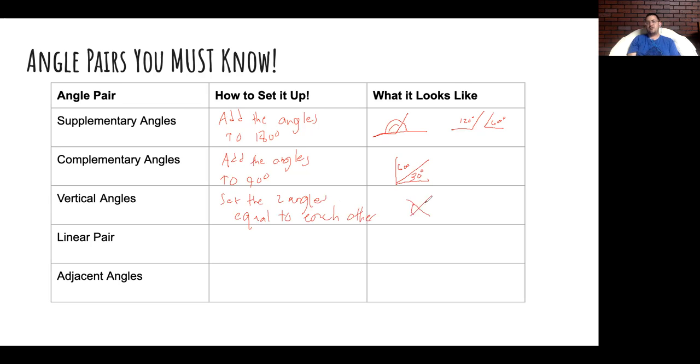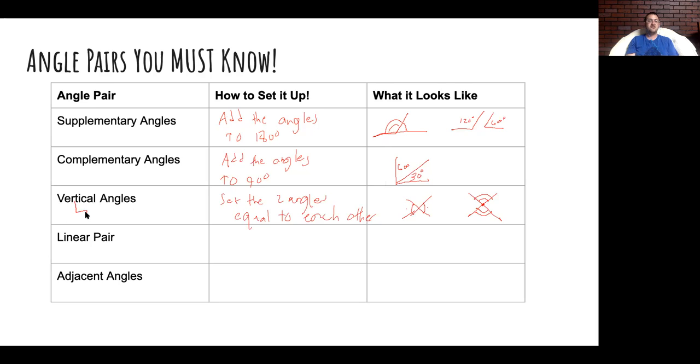Vertical angles, I like to call them chopstick angles. Like these two angles are vertical. We could also have a situation where we have angles like that. They're called vertical because they only share a vertex.